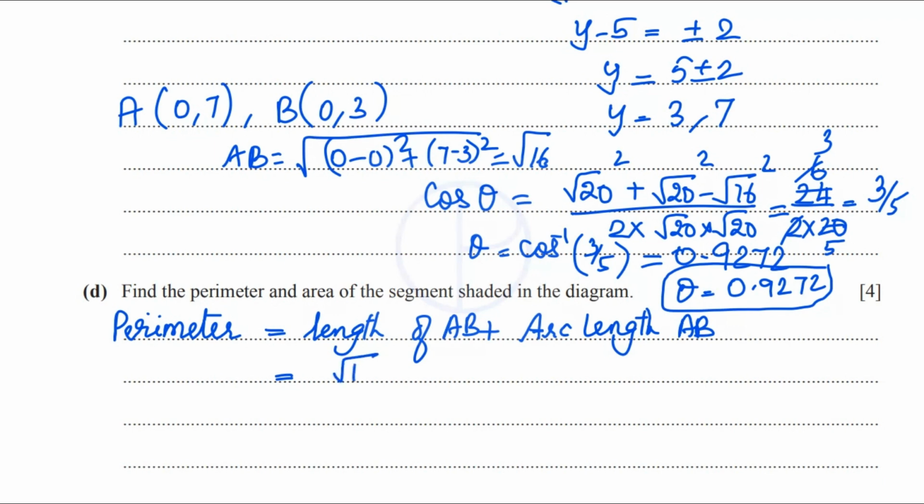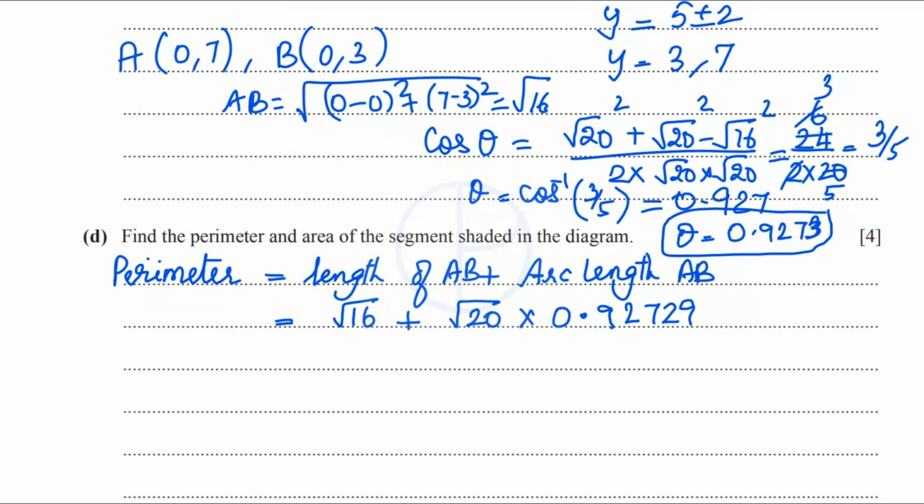Square root of 16 plus arc length AB, r theta, square root of 20 multiplied by 0.9273, correct to 4 SF here it will be 3. So this is equal to 8.14699.